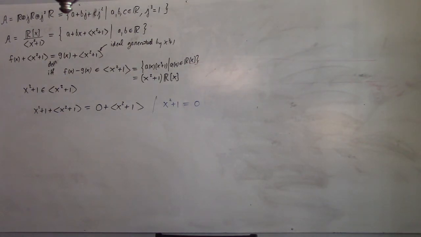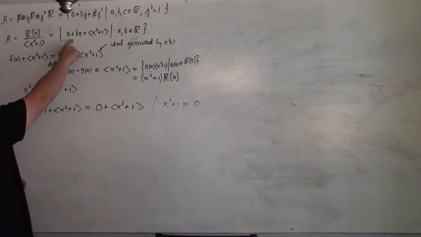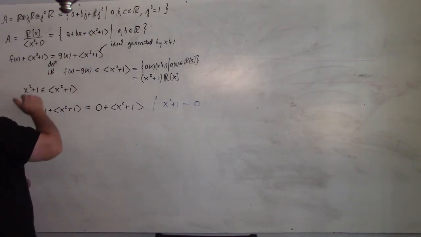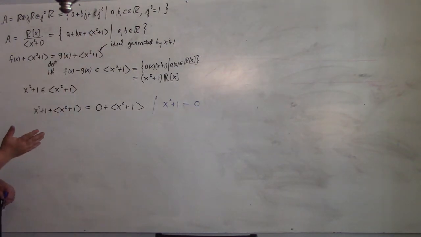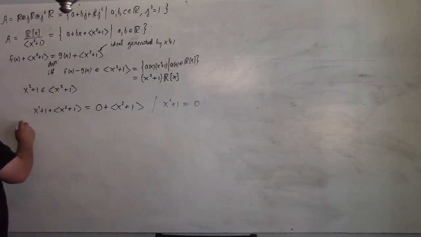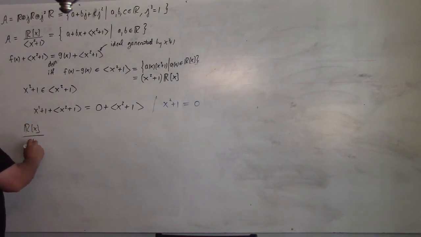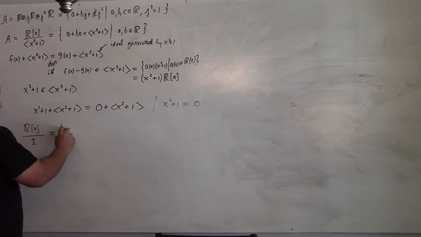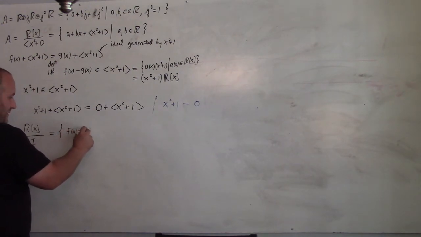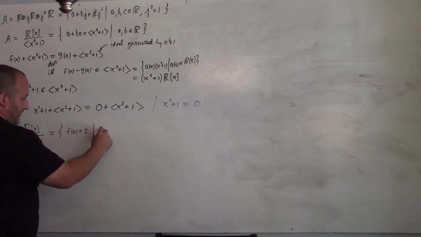Let's see here. This kind of begs the question of everything at the start up here. I said that things in here can be written as a plus bx. But from base principles, if you have the real polynomials modulo some ideal, then what that is is f of x plus I, such that f of x is a real polynomial.